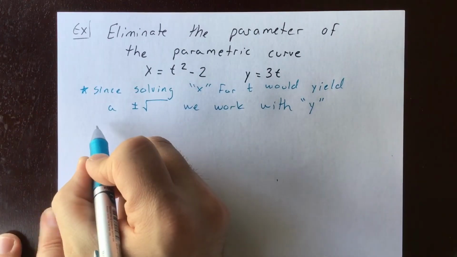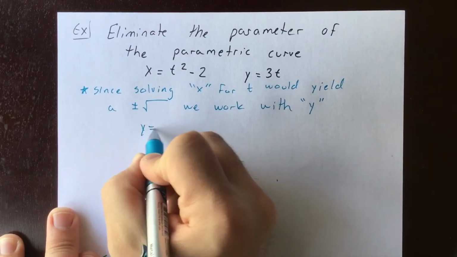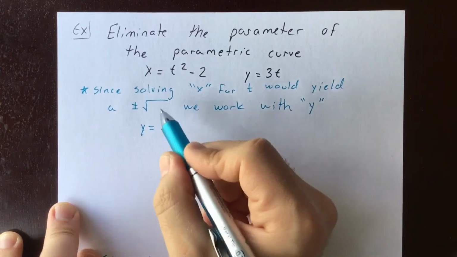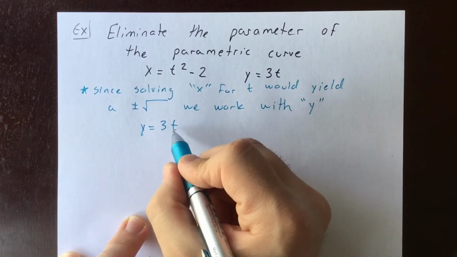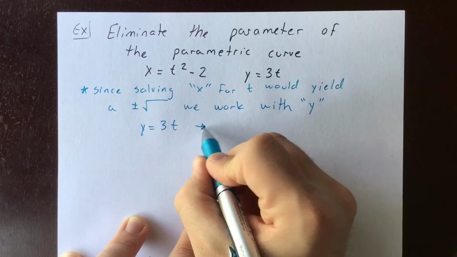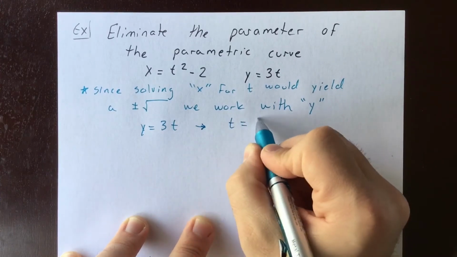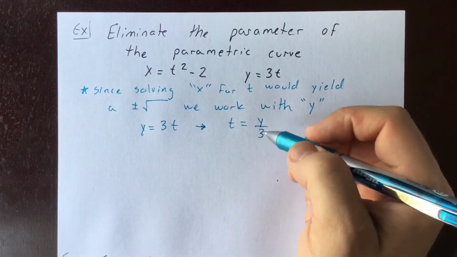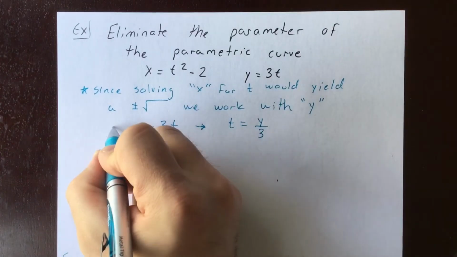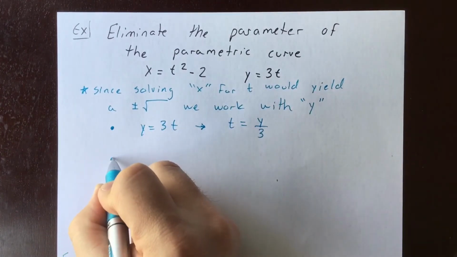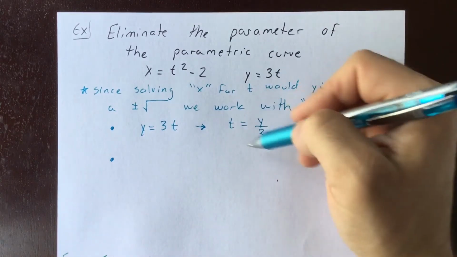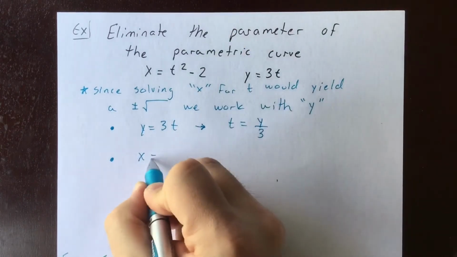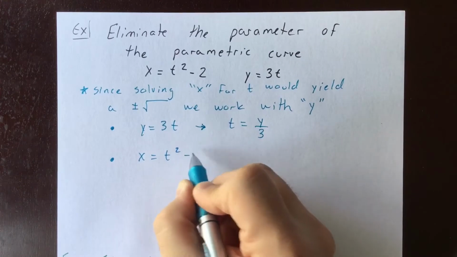So we have y equals 3t. This is really easy to solve for t. To isolate t, that's just dividing by 3. So we get t equals y divided by 3. Perfect. Now, second step: we're going to insert t into our x equation.